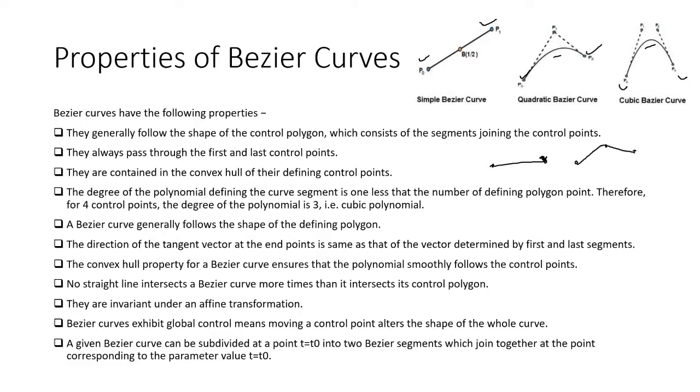So in this case we had L0, in this case we had Q0, but we had L0 and L1 both. So three control points means two curve segments, or degree of the polynomial, and if the control points is 4, then the degree is 1 less, that is 3. That is what we have seen so far.